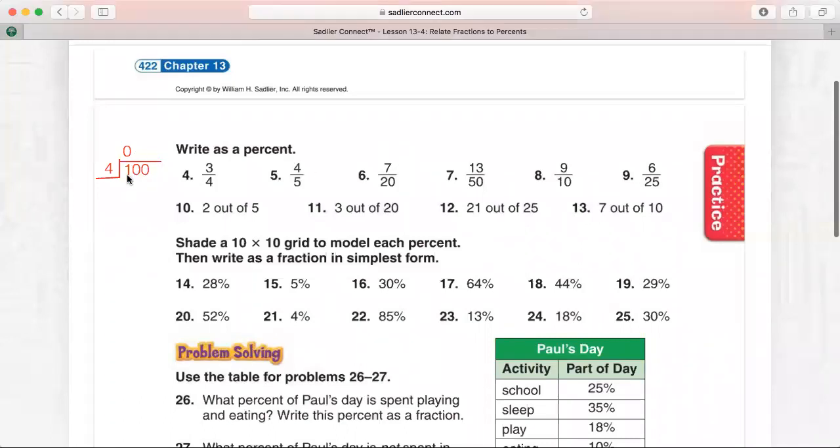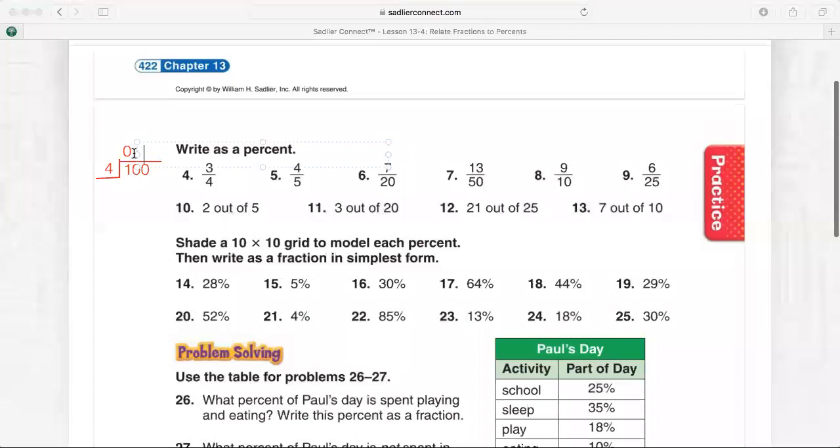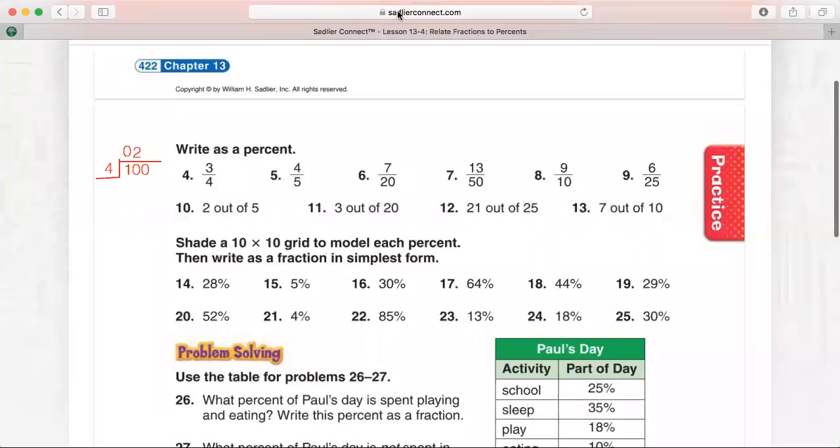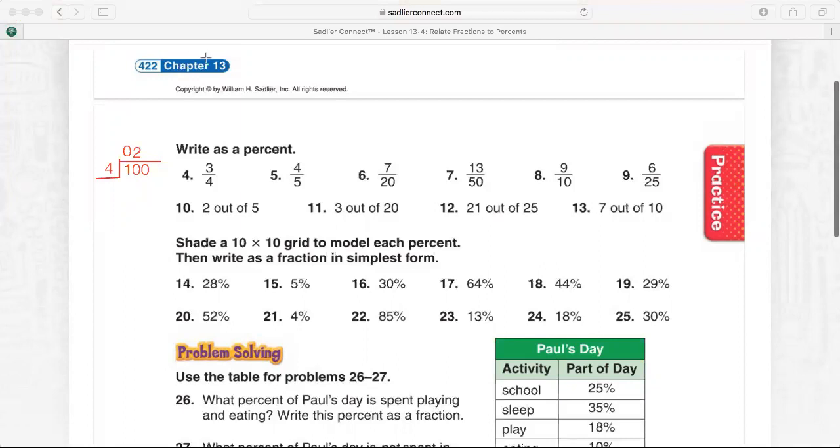So 10. Do I have 10? No, I don't have. So what is near and less? It is 8, which is 4 times 2. So I'm going to write down 8.